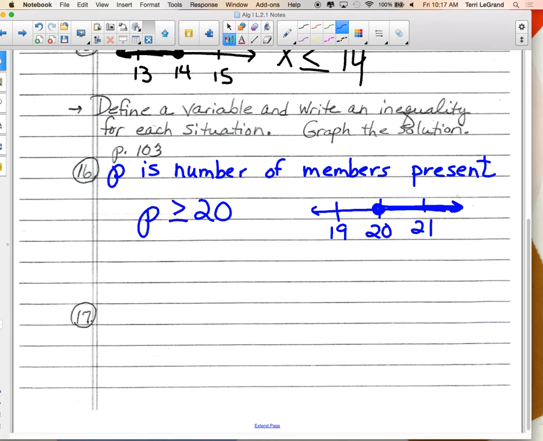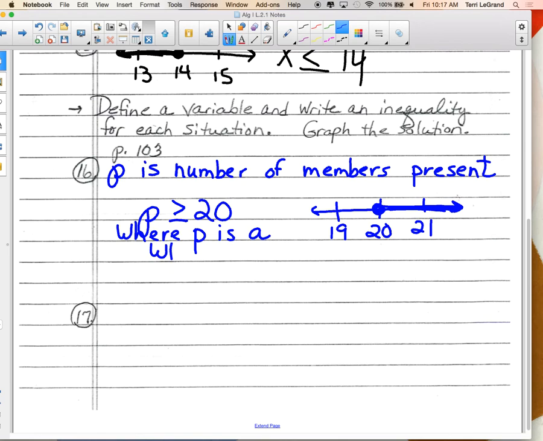What can't P be, or what does P get restricted to be, considering that it's club members? Okay, so look at our region here. We got 20 on up. Would 20 and a half count? No. So what we're going to say here is where P is a what kind of number?